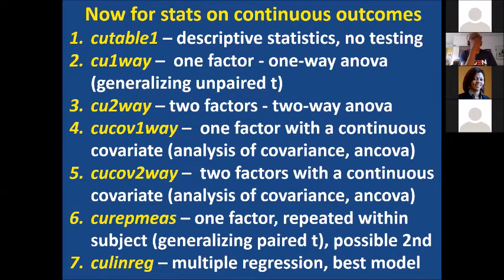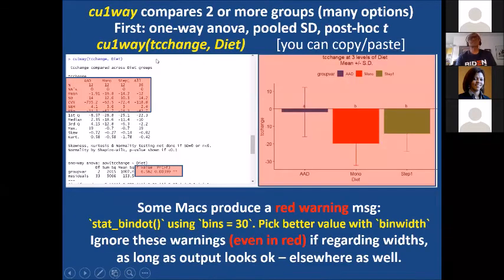So, okay, now, so these are the functions we're going to be using. I already showed you CUtable1, and then we're going to be looking at these functions. Let's start with the analysis, actual comparison. So one way. So the function is called CU1way, and you say what we want to do.